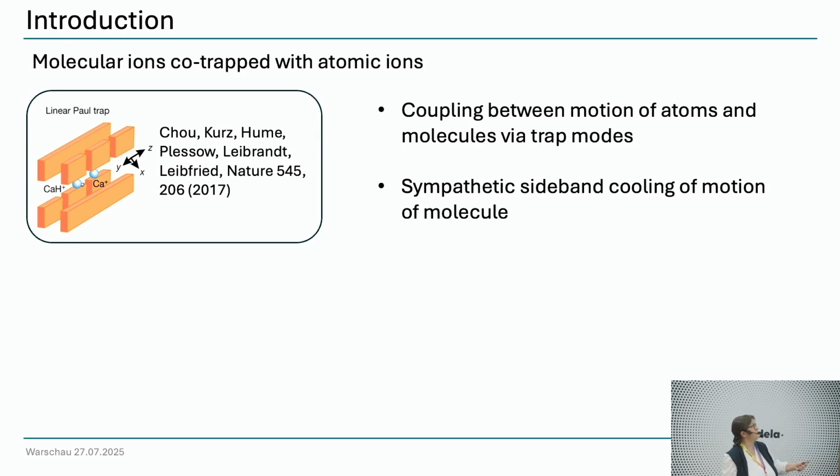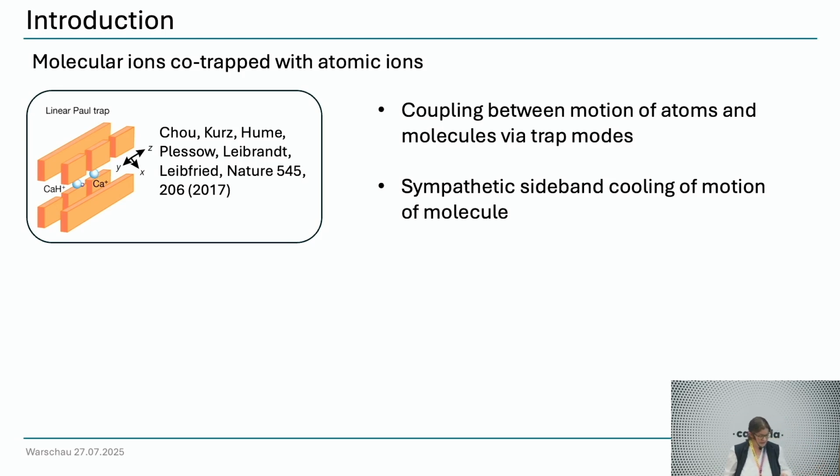Such experiments are done mainly with two atomic molecular ions, and the idea is that in a trap, the motion of the molecules and the motion of the atomic ions are coupled, and so one can laser cool the atom, and then sympathetically, because of the coupling between molecule and atom, the center of mass motion of the molecule is also cooled.